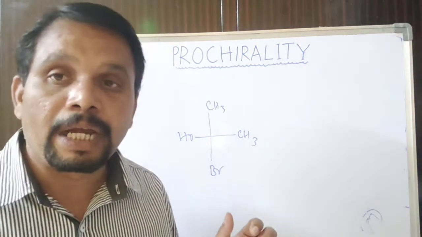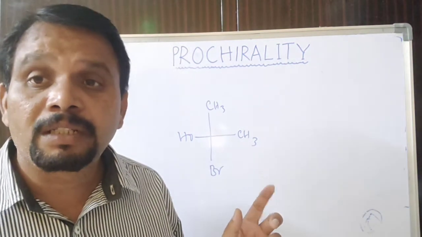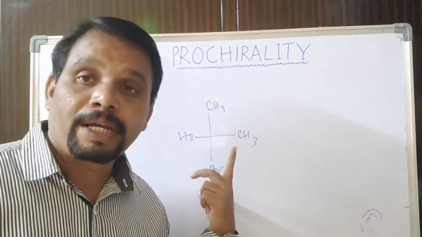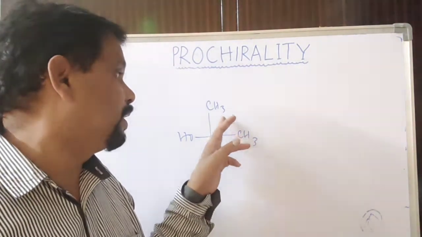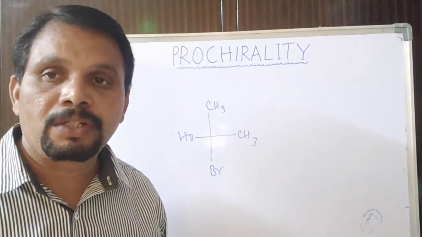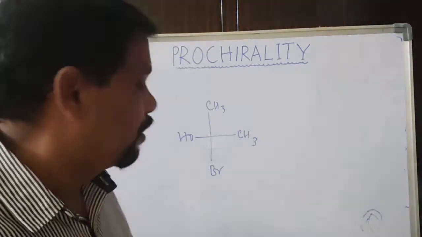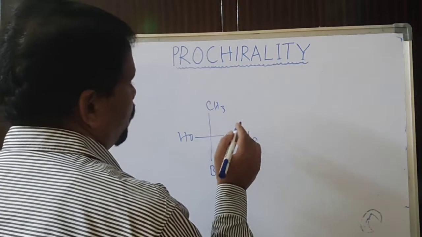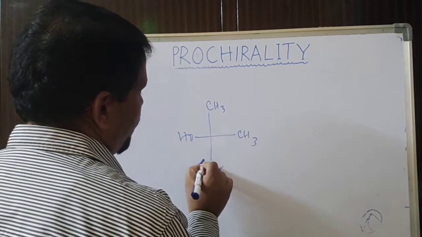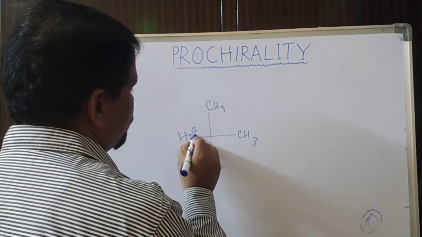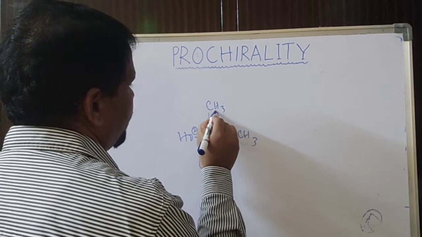First you need to identify what the two stereoheterotopic units are in that prochiral molecule. Obviously here CH3 and CH3, because they are two similar groups. First priority this one, second priority this one, and third priority this one.